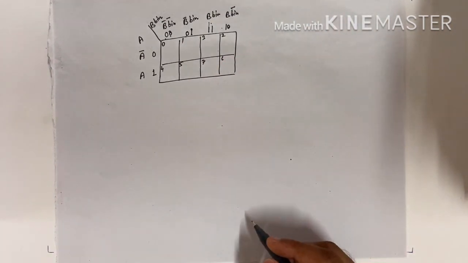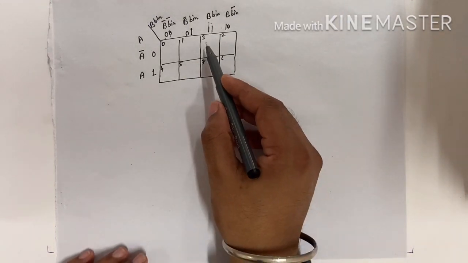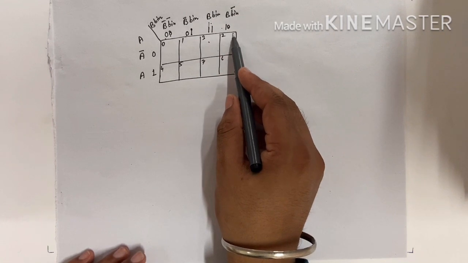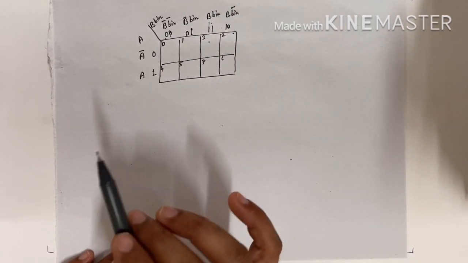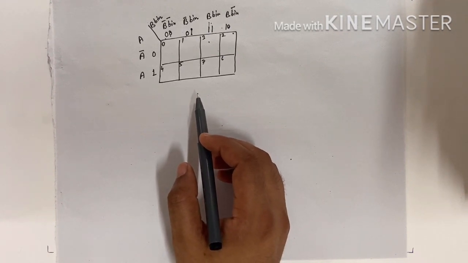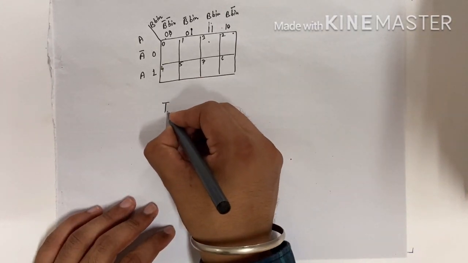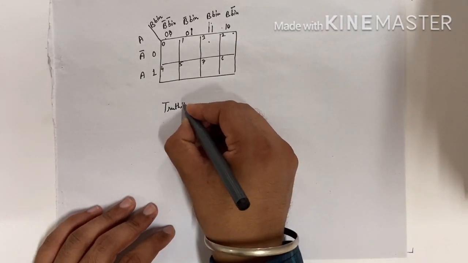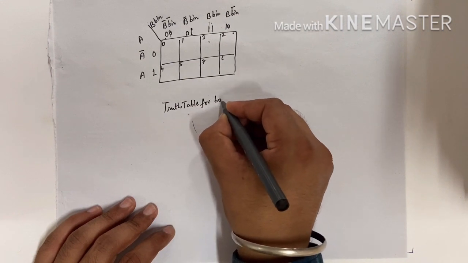This violates the condition of the K-map, so we write 11 in this column and 10 this way. So this is the condition of the K-map: if we go from one cell to another cell, only one bit changes. You have to remember this point. Now this is the truth table for B output.